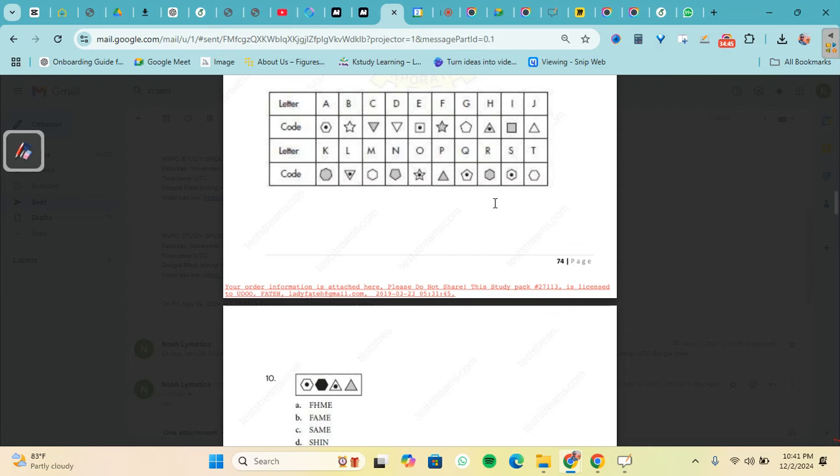Let's say general knowledge, numerical, quantitative reasoning and verbal. Those three are fixed already.